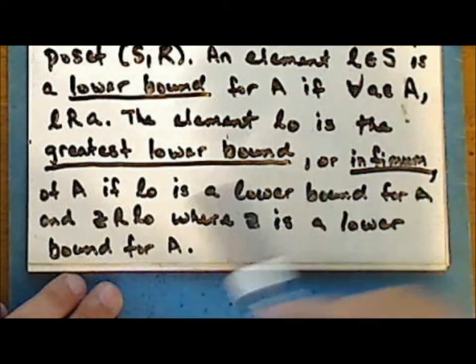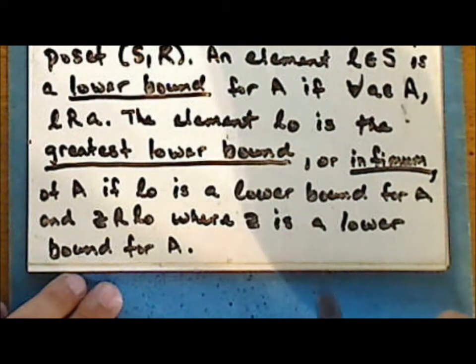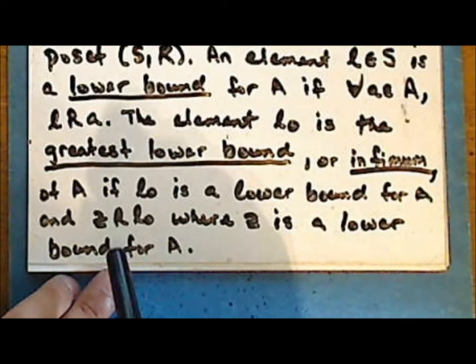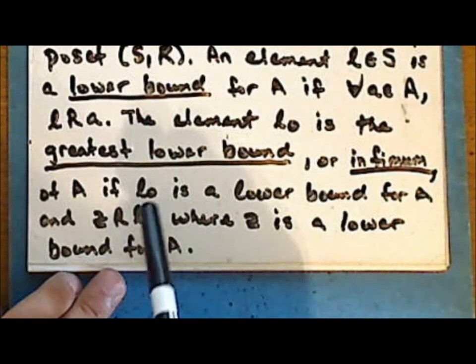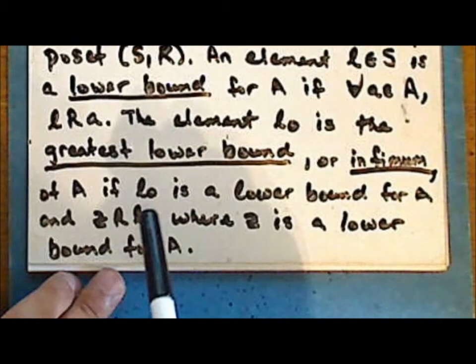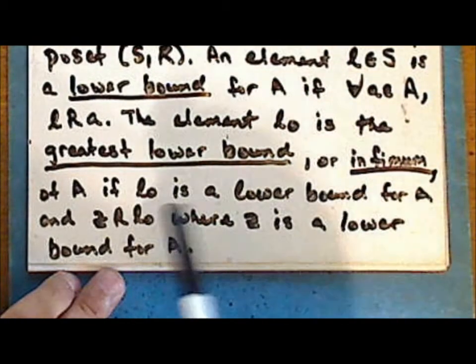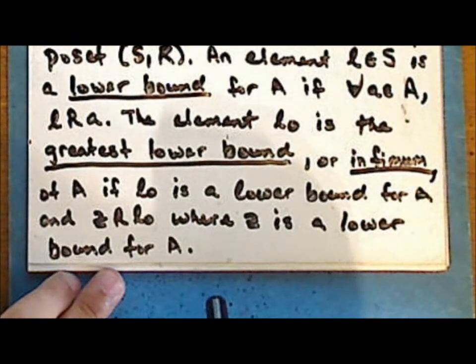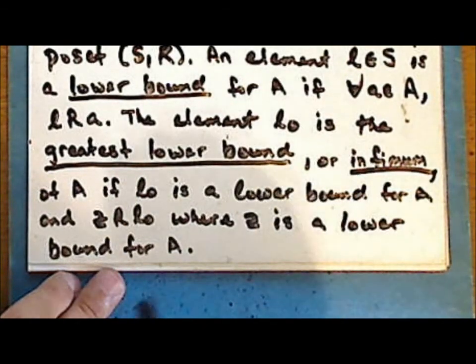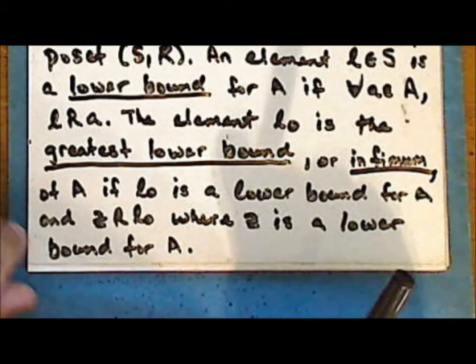One, it must be a lower bound for the subset A, and it must be the greatest of the possible lower bounds for the set A. So the element L sub naught is a lower bound for A, which means that for every element in A, L is related to a. And for any other lower bound Z for the subset A, Z is related to L sub naught. So it is the greatest lower bound, and we call it the infimum.